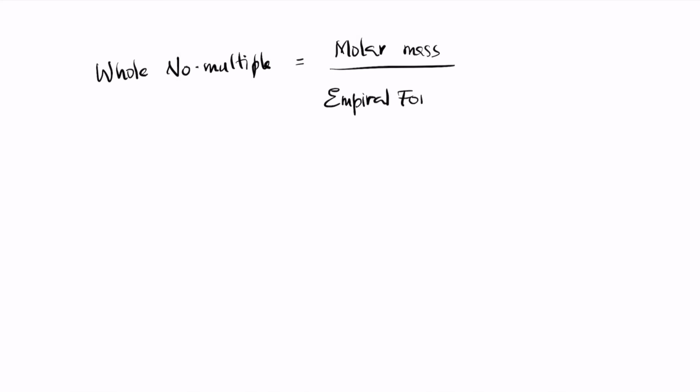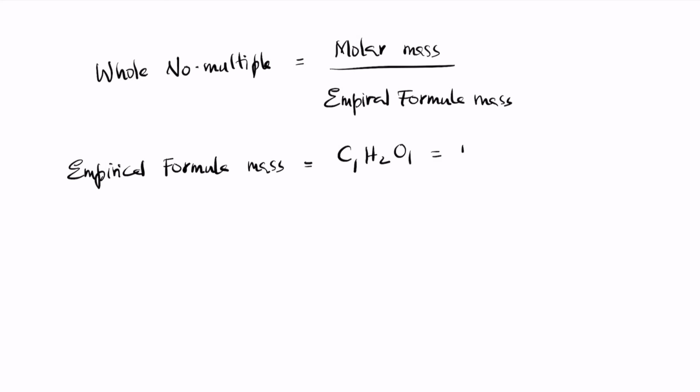So to find the molecular formula now, you need the whole number multiple. So the whole number multiple is the molar mass by the empirical formula mass. So we want to find the empirical formula mass. So empirical formula is C1H2O1. So that is 1 times carbon plus 2 times hydrogen plus 1 times oxygen.